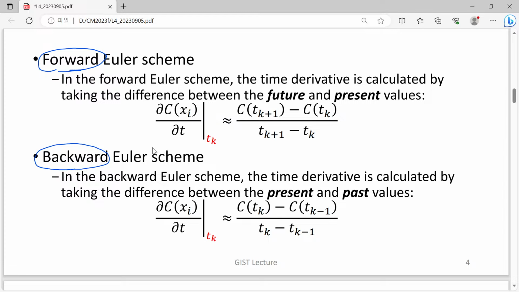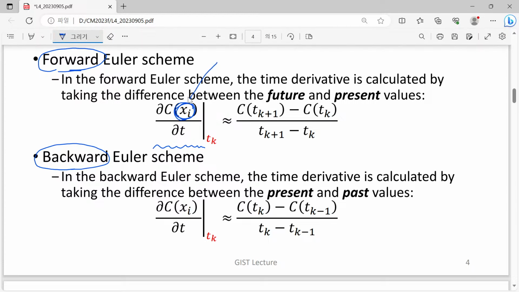let's think about this time derivative. Every time we are talking about the central point, because this is a partial derivative with respect to time, so the position is just fixed at x sub i. Although I write c of t sub k plus 1, it actually means the quantity whose position is always x sub i and time index is this way.